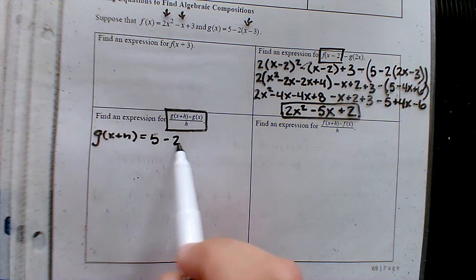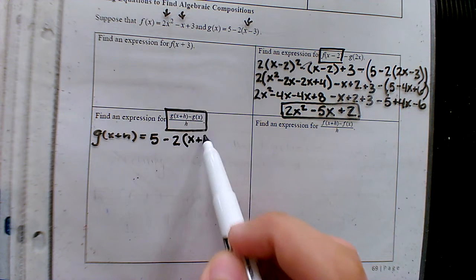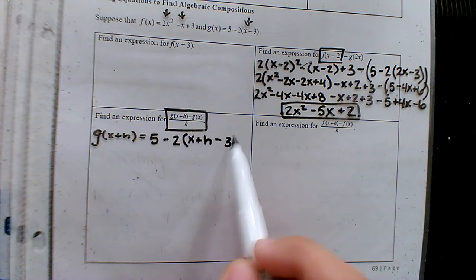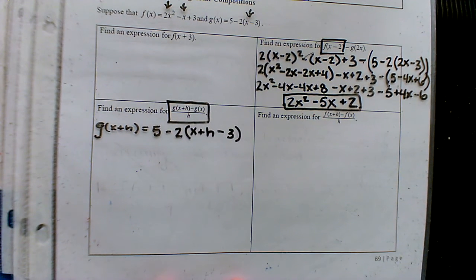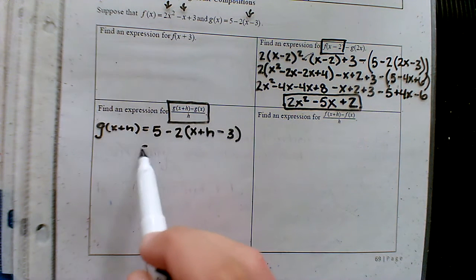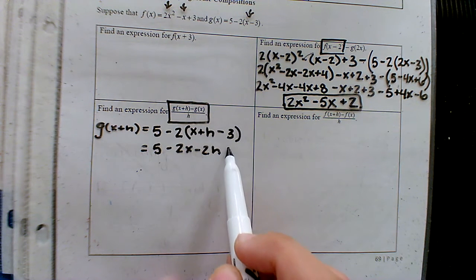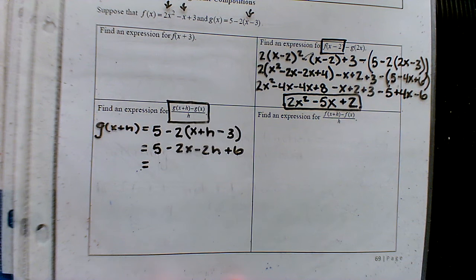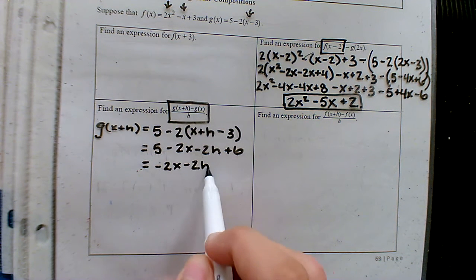So we'd have 5 minus 2, and then instead of the x, we want to plug in an x plus h, and then we're left with a minus 3. Let's clean that up. Okay, simplify it, make it a little bit better for us. We can distribute in the negative 2. And then combining like terms, looks like the 5 and the 6 can get us an 11, but that's about it.